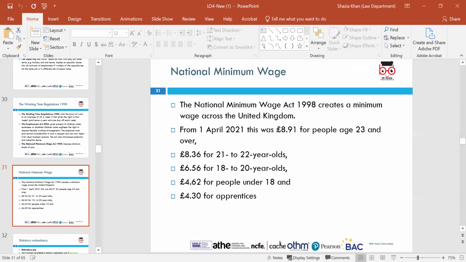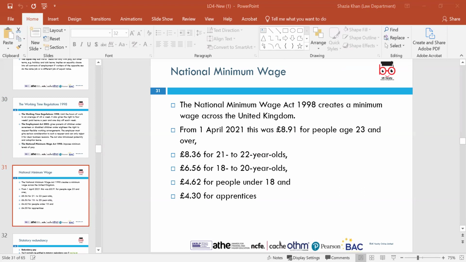National minimum wage. As we've looked at, the national minimum wage has existed since 1998, so let's have a look at what the national minimum wage is now.